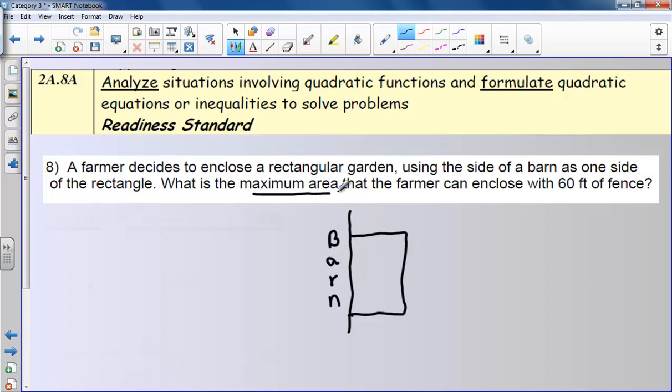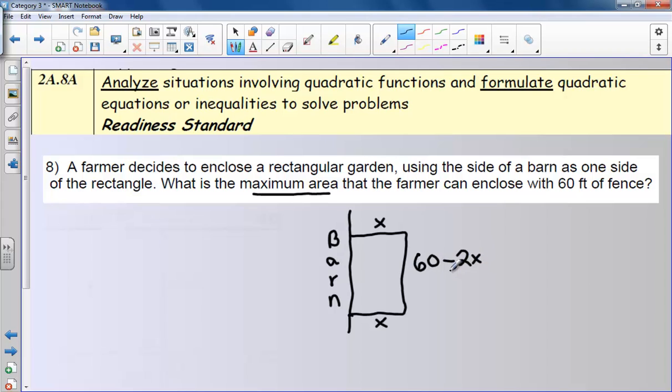Okay, area is always quadratic, first of all. Since these two sides are the same, since it's a rectangle, it would be best if I label these as my x, because then I can use x on both. So those are both x long. For this side here, I know that I started with 60 feet of fencing, and I have already used up 2x of it.